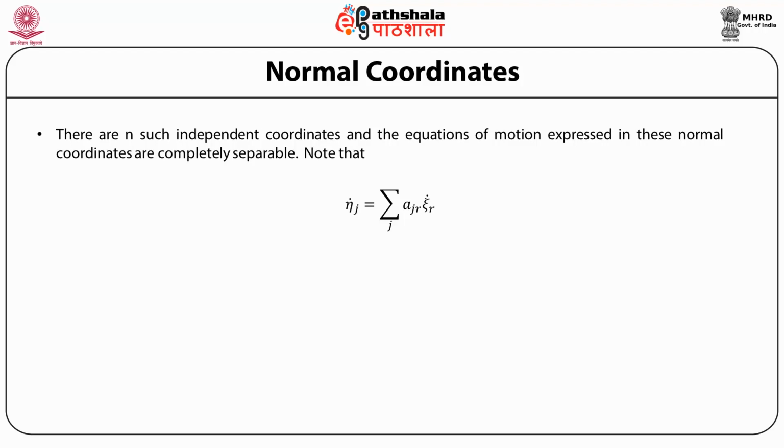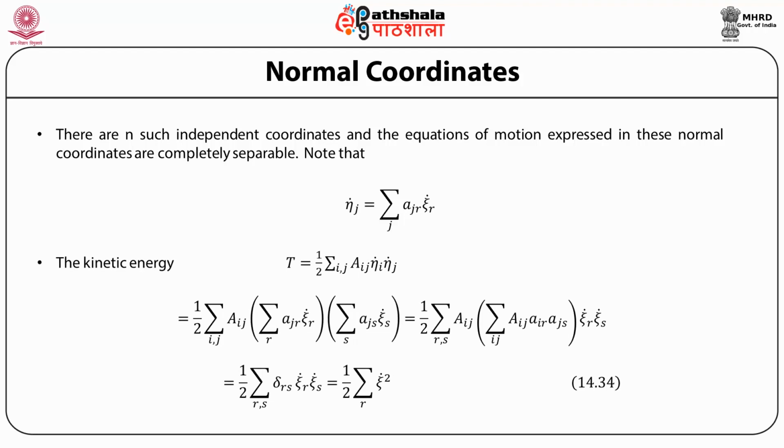Note that eta_j dot is equal to sum over r of a_jr xi_r dot, and the kinetic energy T we know is half sum over i and j of A_ij eta_i dot eta_j dot.